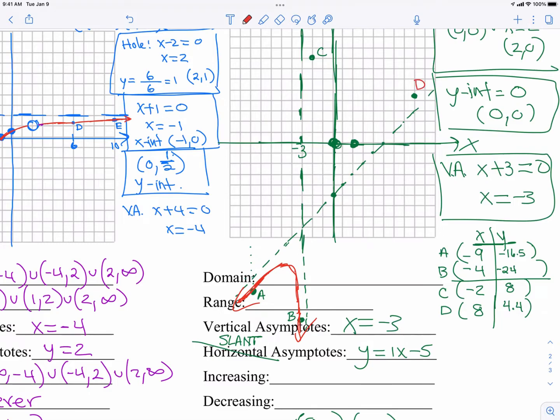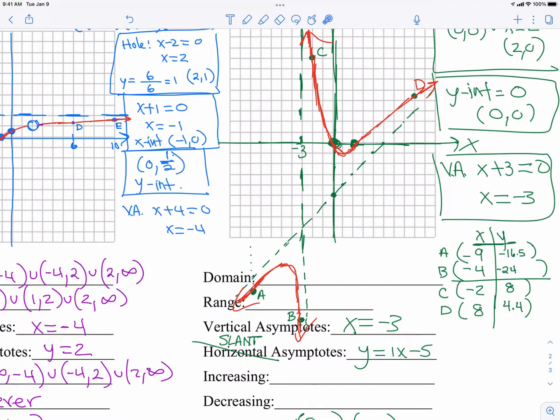That's point D. Now we can conclude that it's got to stay in between these asymptotes and it's got to pass through all of these points. So it's safe to say that the graph is probably looking something like this. Okay, so this is a rough representation of the graph in this space.